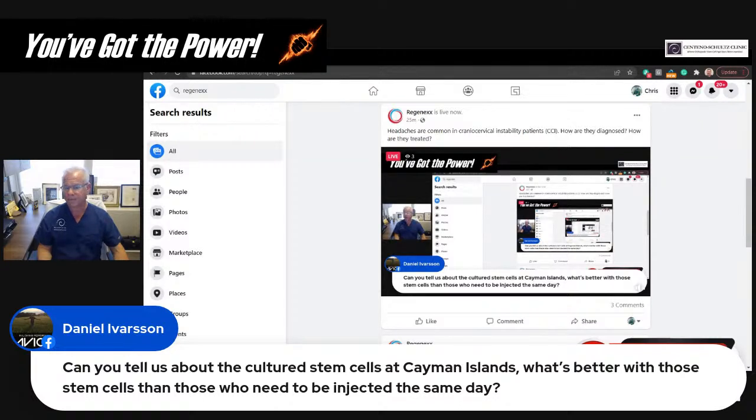So that would be helpful in patients that need lots and lots of areas treated with stem cells, or in a situation where someone is needing a much higher dose of stem cells than we can provide in a same-day treatment, because that specific diagnosis does better with a higher dose. When it comes to CCI, we generally don't treat CCI patients in Grand Cayman just because the setup there is not as robust as it is here in Colorado for that purpose.